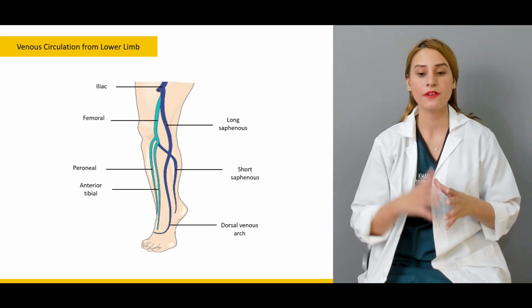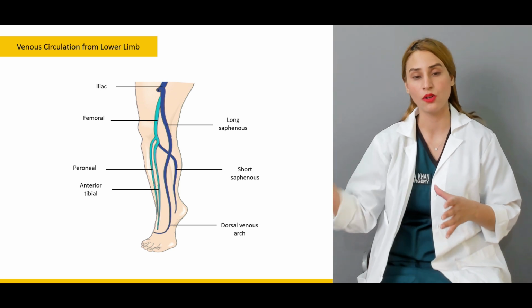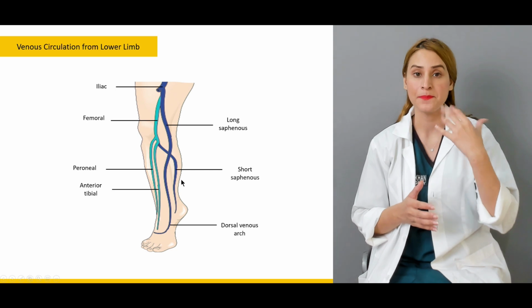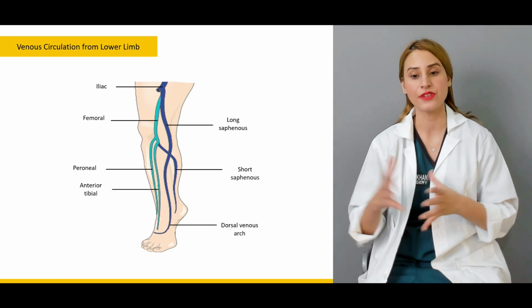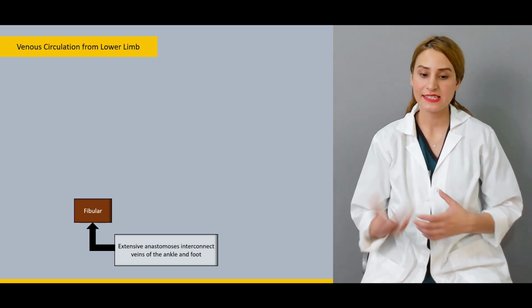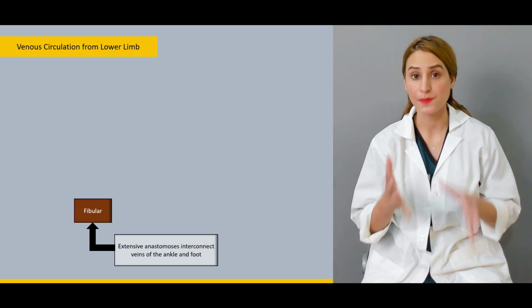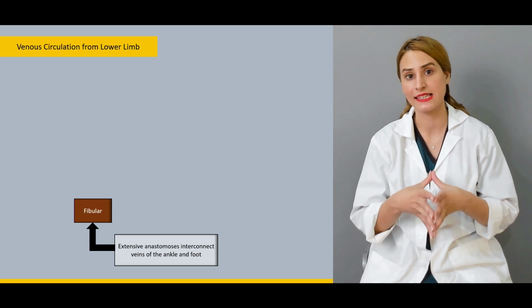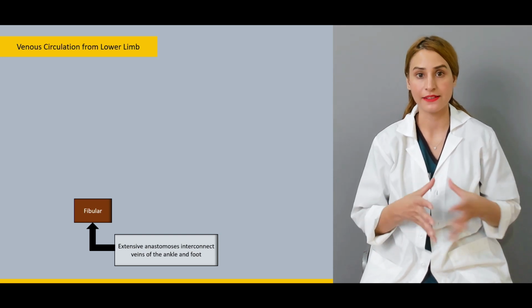The sural nerve is the nerve which runs more laterally along with the short saphenous vein, and the saphenous nerve is the nerve which runs along the long saphenous vein. There is extensive anastomosis present in the foot, which interconnects the veins of the ankle and the foot.